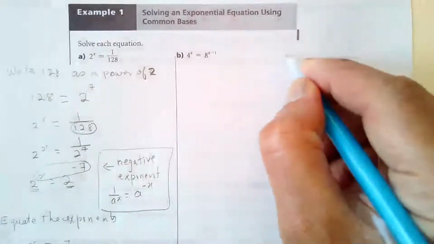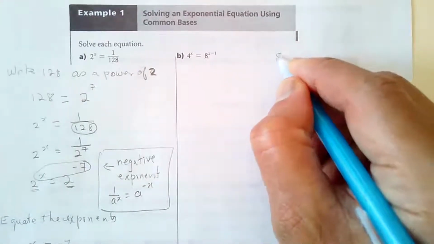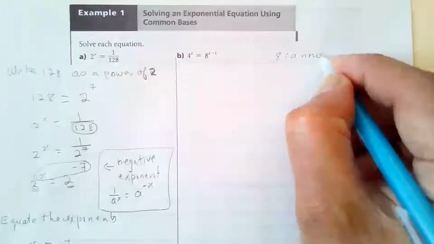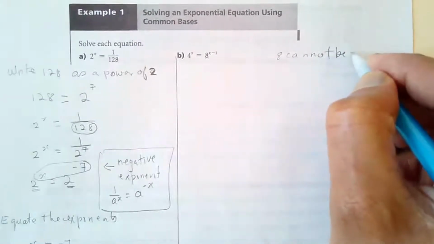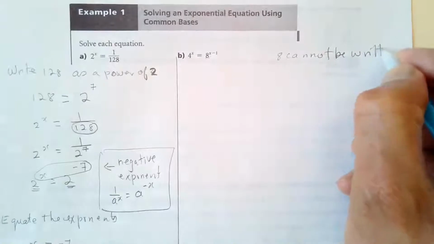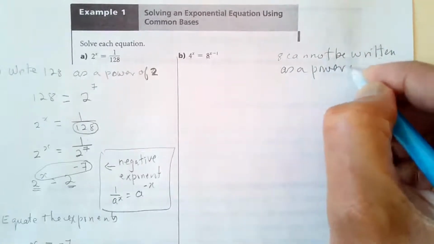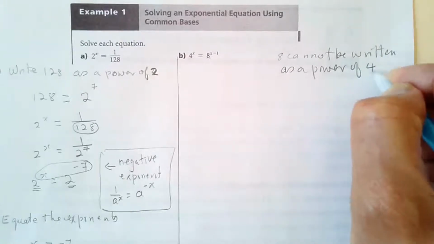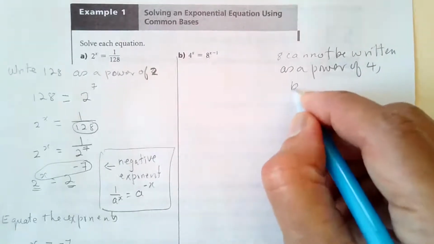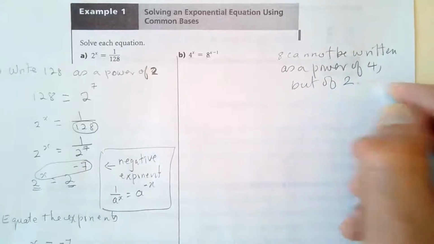So we said 8 cannot be written as a power of 4, but of 2.